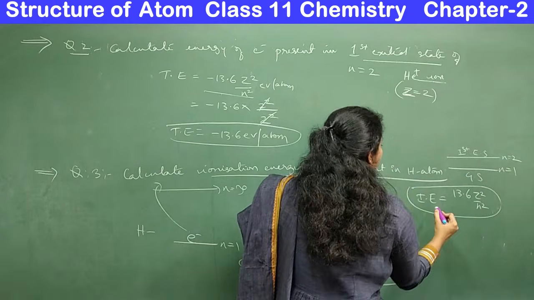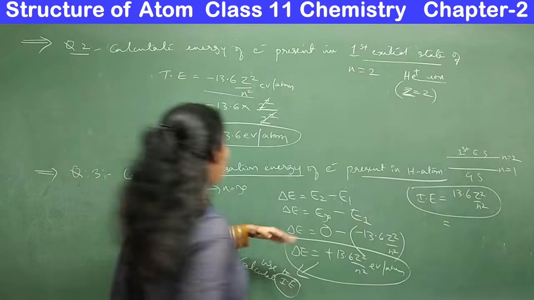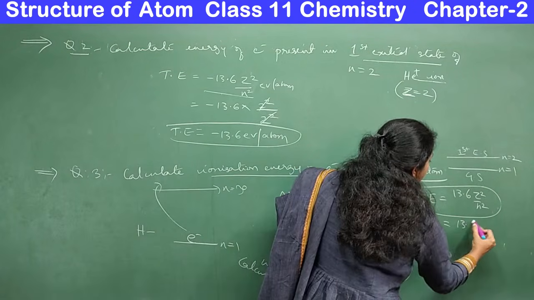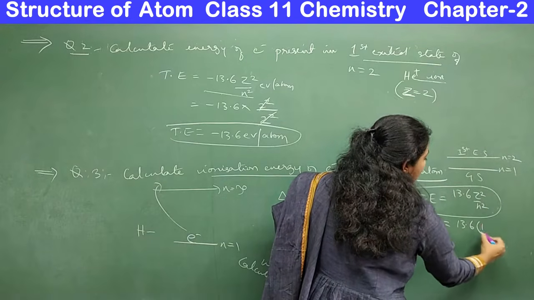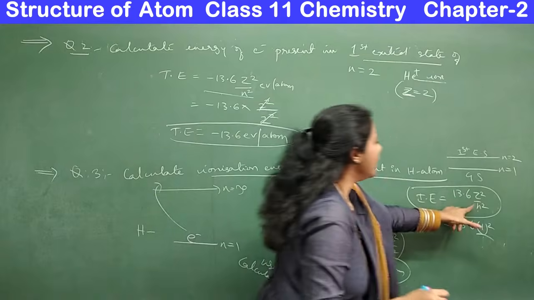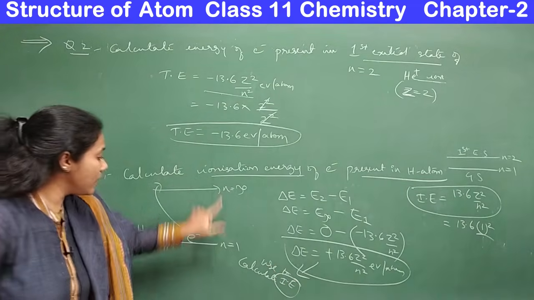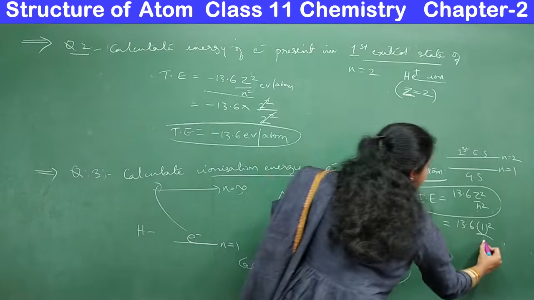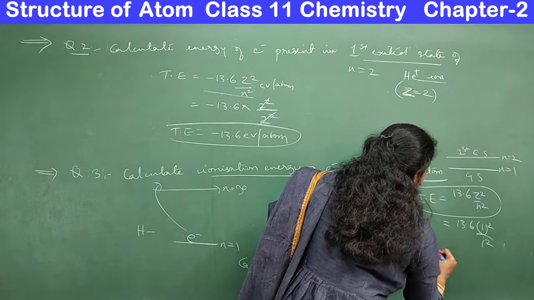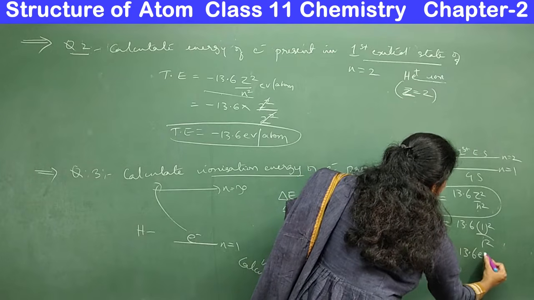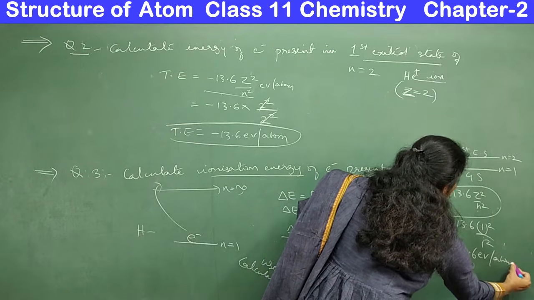Remember this formula. For the hydrogen atom, Z is 1 squared, and the electron is present in the n equals 1 shell, so 1 squared. So the ionization energy of hydrogen is 13.6 electron volt per atom.